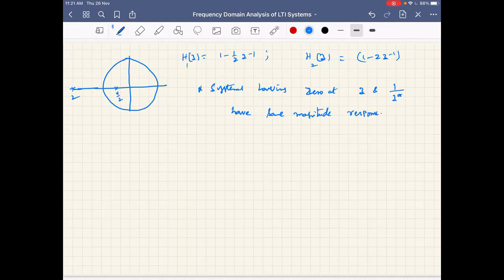Similarly, the systems having poles at z and 1 by z star have the same magnitude response.